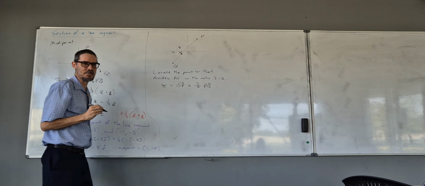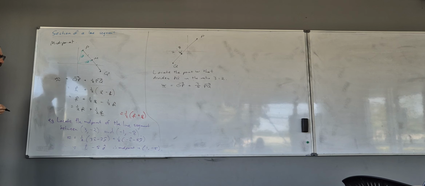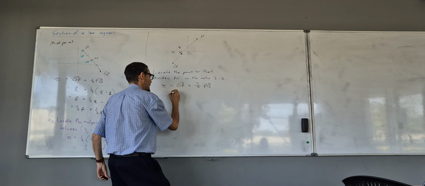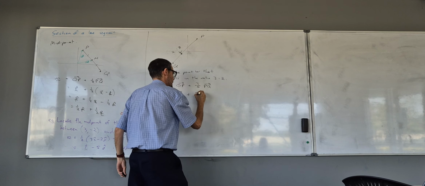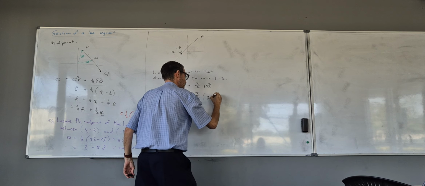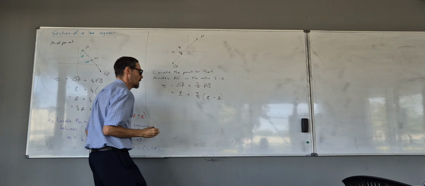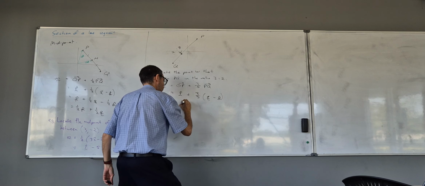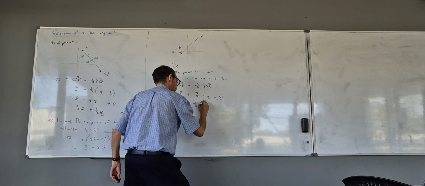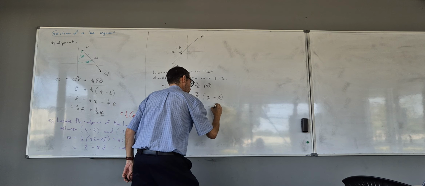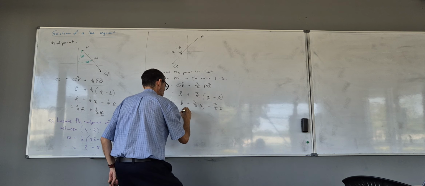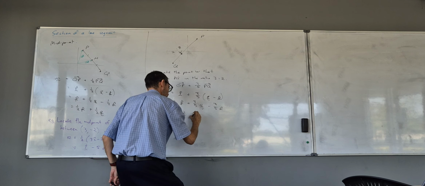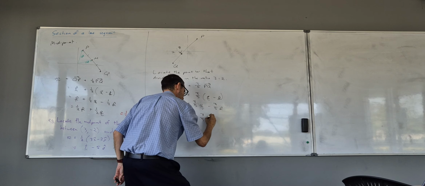Okay. So that's little p plus 3/5 of little q minus little p. P plus 3/5 q minus 3/5 p, which is 2/5 p and 3/5 q.